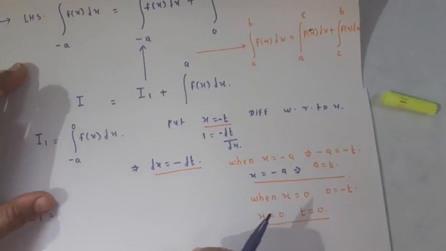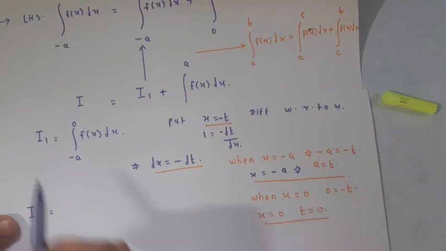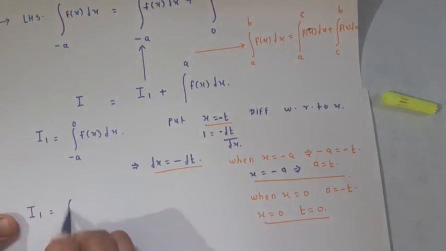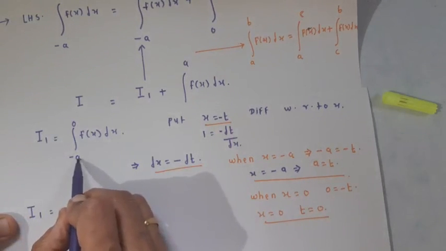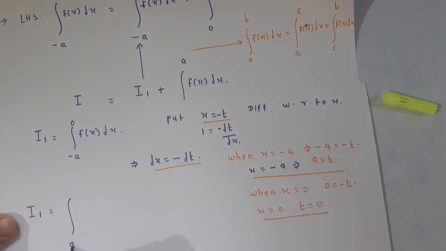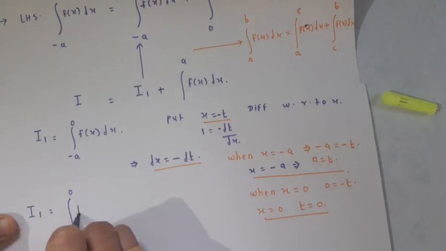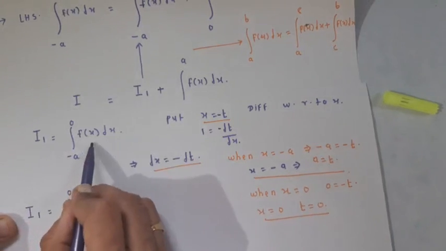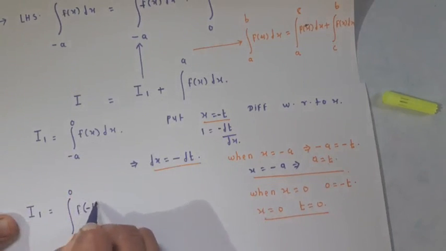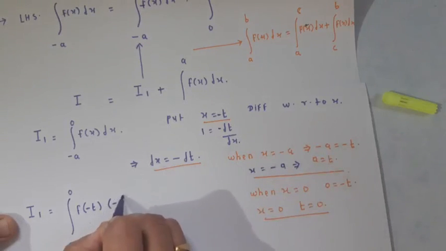Now put all the substitutions and the limits. We have the integration I1 equals, when the lower limit is minus a, t equals a, so a to 0, f of x equal to f of minus t, and dx equal to minus dt.